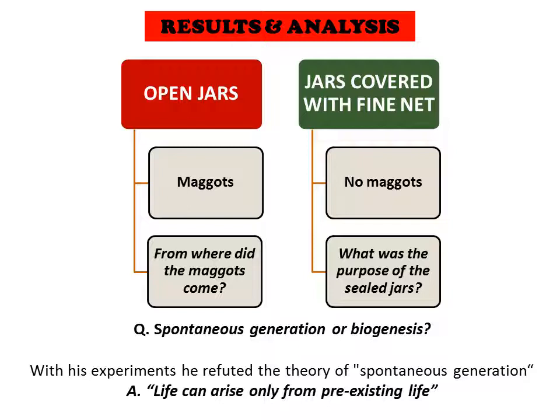Apart from his contributions to raising this debate against spontaneous generation, his very important contribution is development of a scientific aptitude. For the first time in the history of knowledge and understanding, experiments were being formulated, experiments were being conducted, and then observations were being taken and analyzed. And this is why he is considered the father of experimental biology.